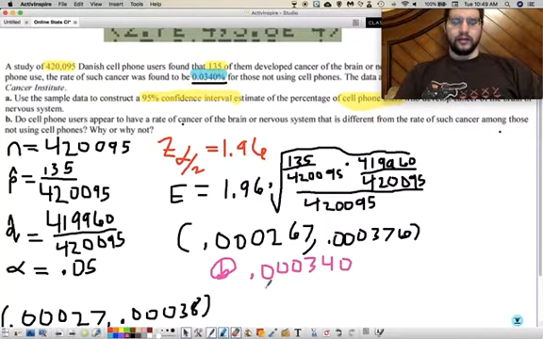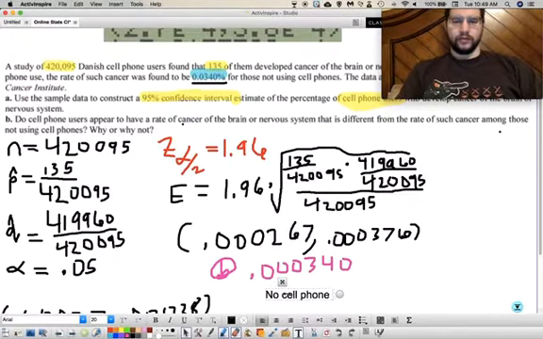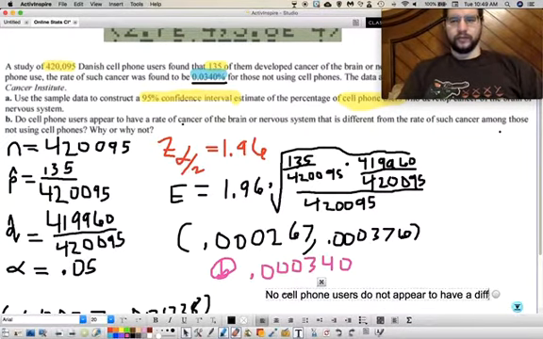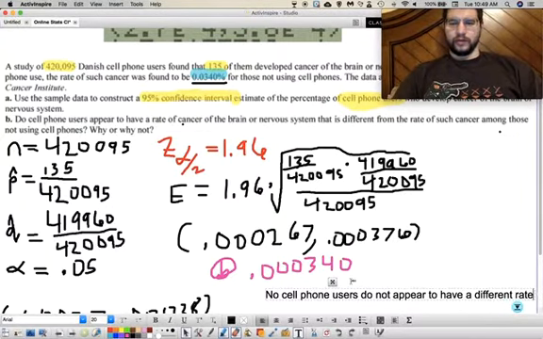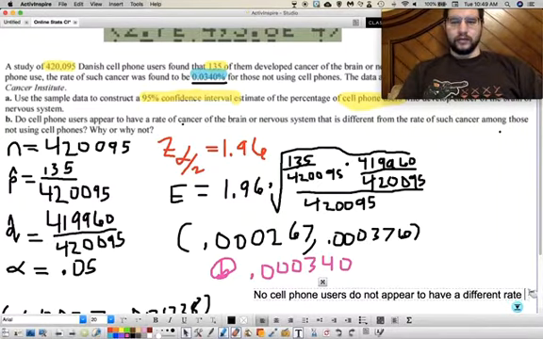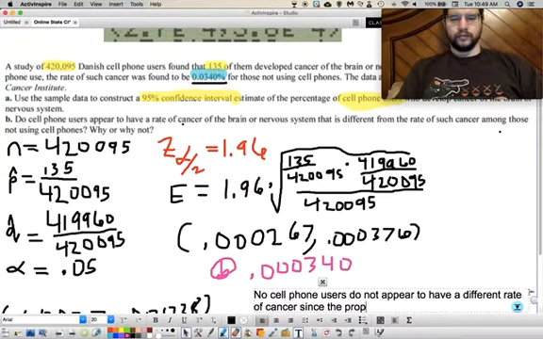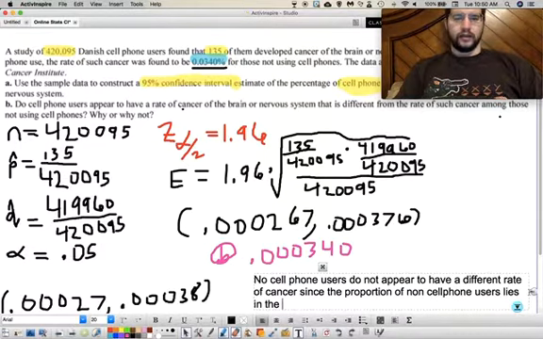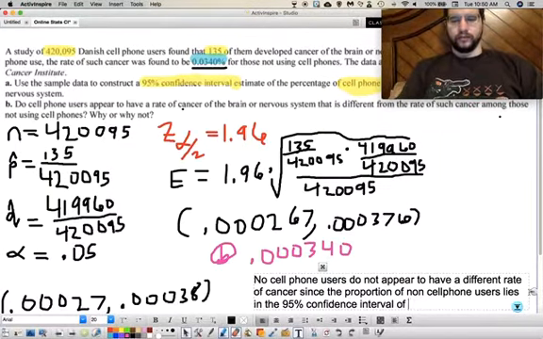So, no cell phone usage, what is that? Cell phone users do not appear to have a different rate of cancer, something like that, since the proportion of non-cell phone users lies in the 95% confidence interval of non-cell phone users.